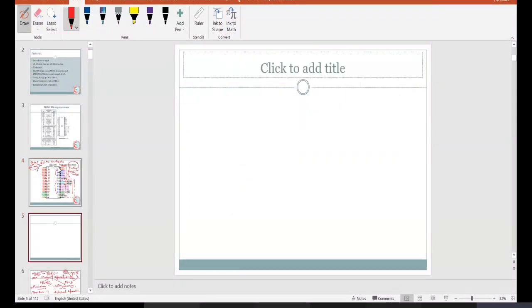They are of two types. RD stands for read, and the next one is WR. WR stands for write. These are two control signals. You will find them in the pin diagram. Read stands for RD bar and write stands for WR bar.